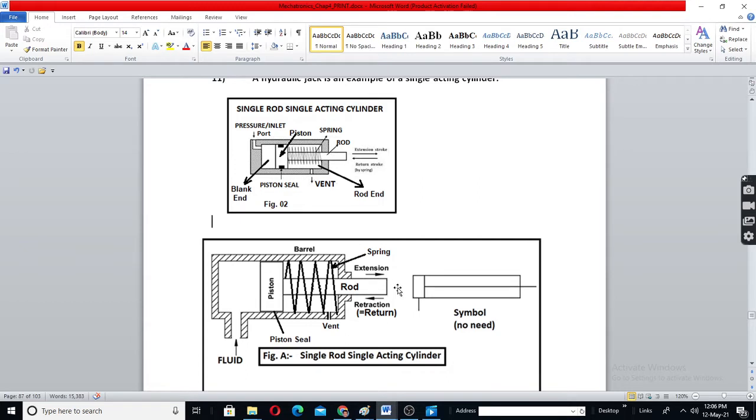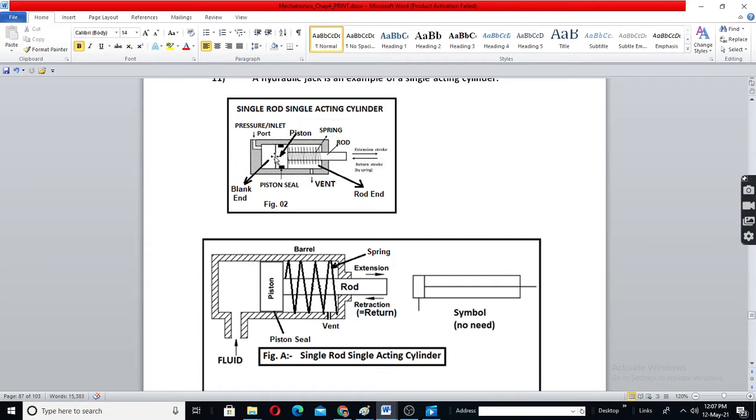When it moves in the opposite direction, we call it as a return stroke, because normally piston will be towards this side, left side, because of spring tension. Hence, return position means to the left side, rest position. When we want movement, we will pass fluid through the inlet port.